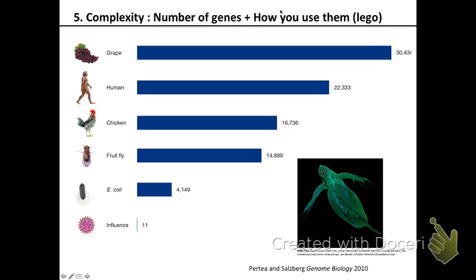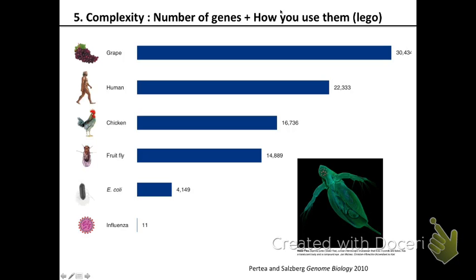It's about 36,000. All right, so the complexity of the organism roughly correlates with the number of genes, but also it correlates with how you use them. So think of these genes making products, and think of the products as Lego pieces, right? And how you put them together actually makes the difference between different species, roughly, in general terms.